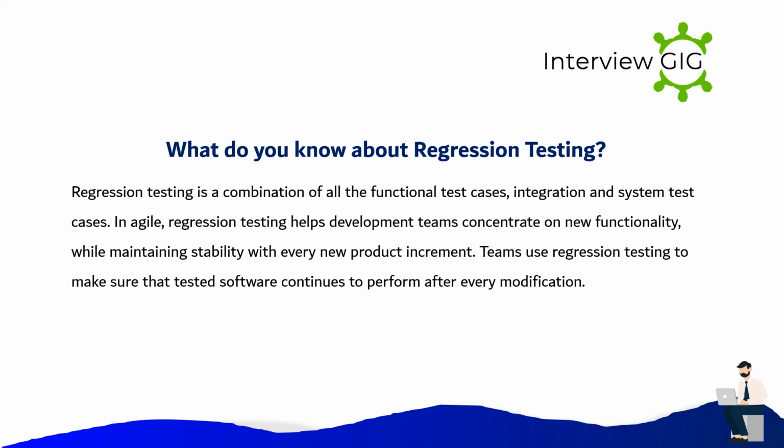What do you know about regression testing? Regression testing is a combination of all the functional test cases, integration and system test cases. In Agile, regression testing helps development teams concentrate on new functionality, while maintaining stability with every new product increment. Teams use regression testing to make sure that tested software continues to perform after every modification.